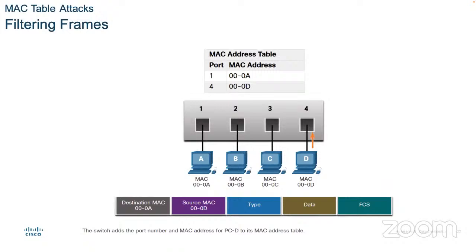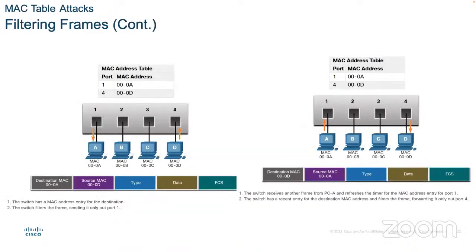As the switch receives frames from different devices, it'll keep adding to its address table. So whenever it sees traffic for a specific MAC address, it knows where to go, and next time it goes much faster.